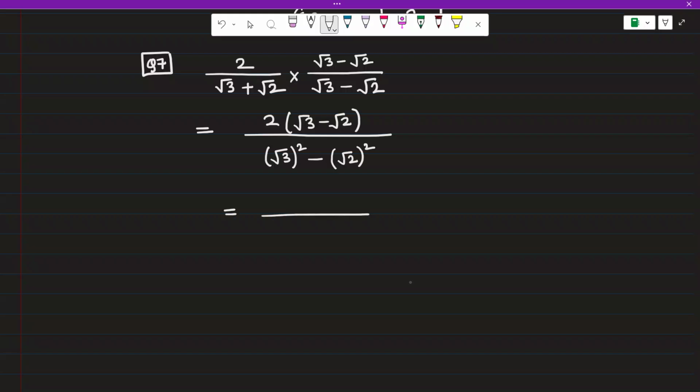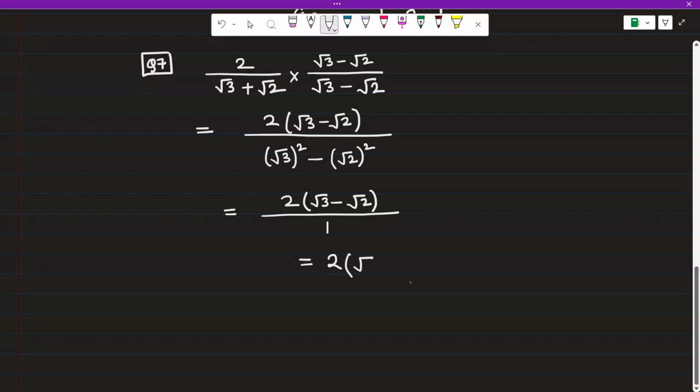That equals 2 parentheses root 3 minus root 2. Root 3 square will be 3, minus root 2 square, 2. So 3 minus 2, we are getting 1. So our final answer is 2 bracket root 3 minus root 2.